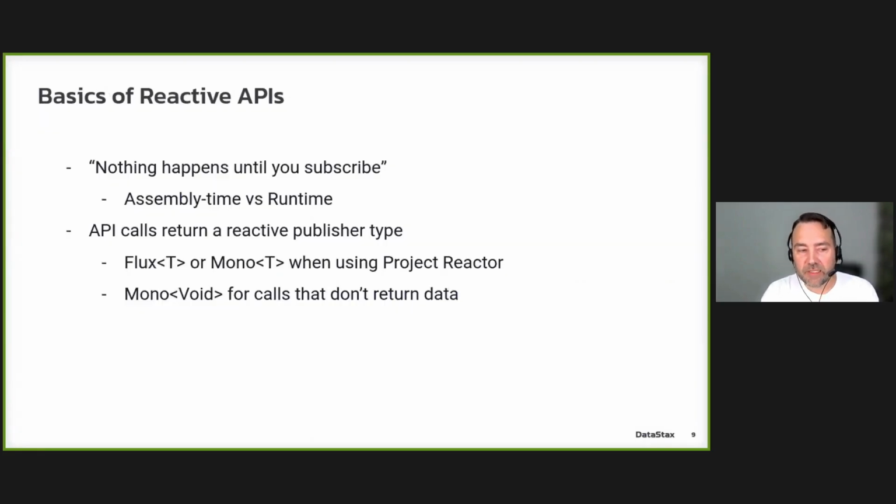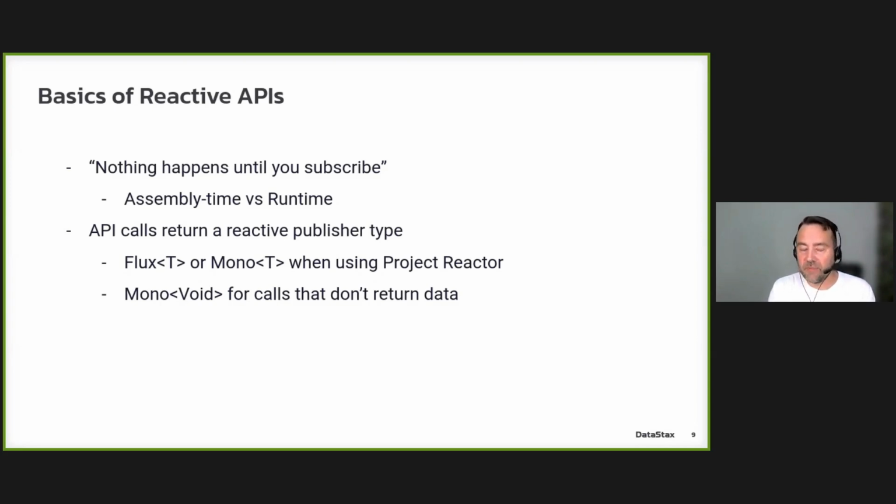So, some of the basics of a Reactive API. I'm not going into all the details of what reactive programming is in Spring Reactive, so we won't have time to cover all the details of that. But we'll look at some of the main characteristics of a Reactive API. The key thing is nothing happens until you subscribe.